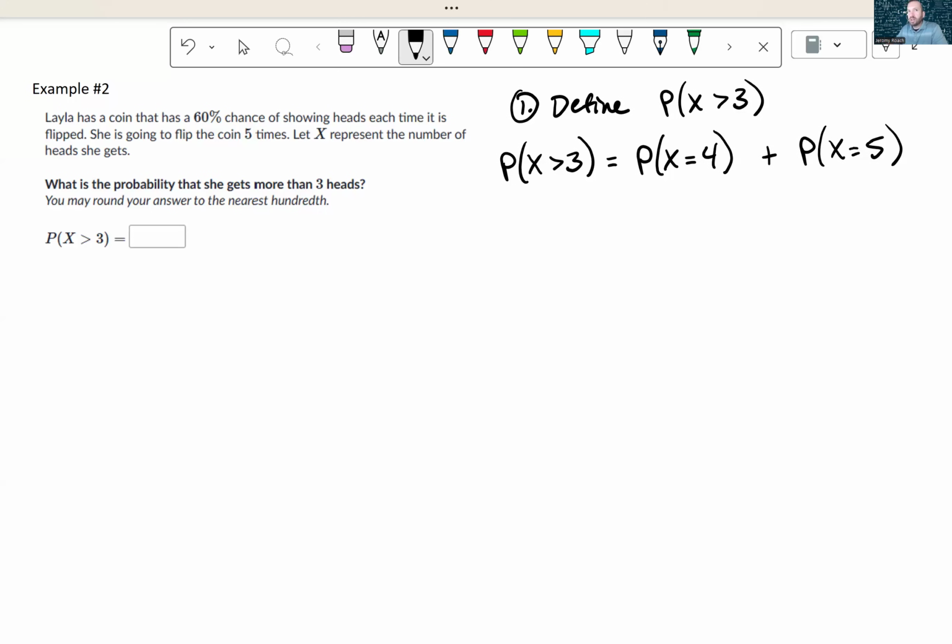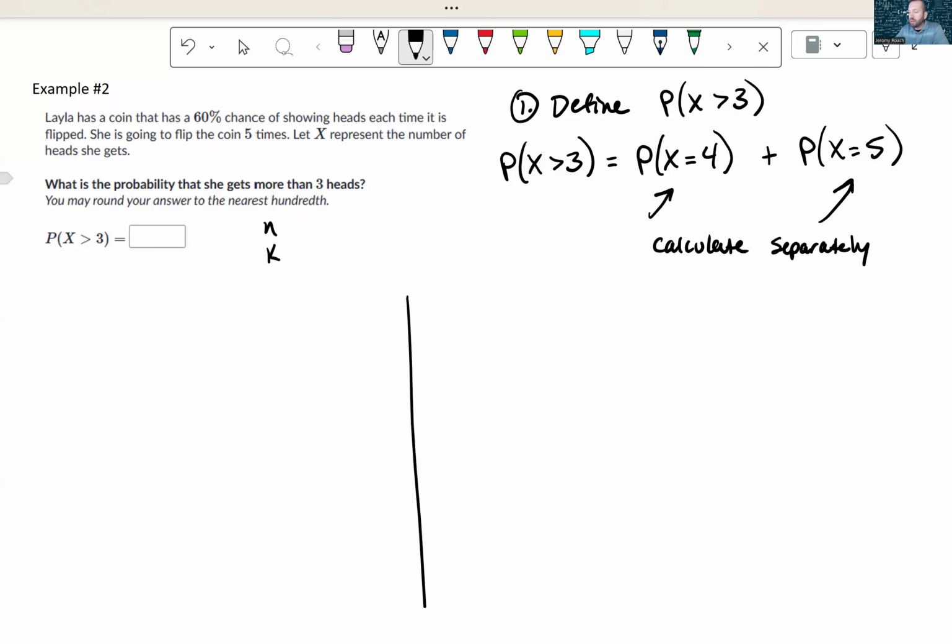Okay, now we're going to use the binomial probability formula to calculate these separately. When we calculate these separately, then we can add them together to find the probability that X is greater than 3. So let's do that. We'll split this side by side here. So I'm going to write the formula again.